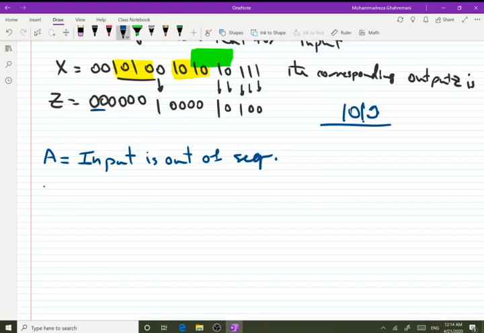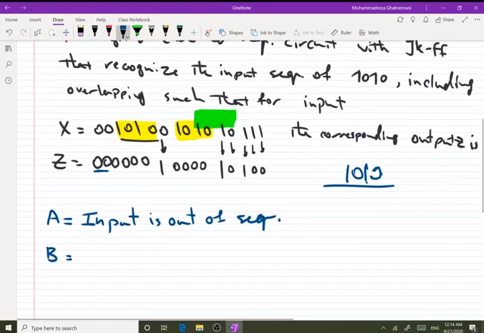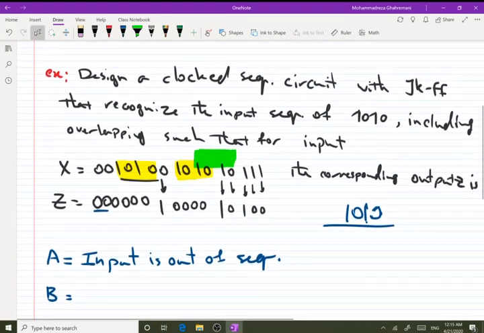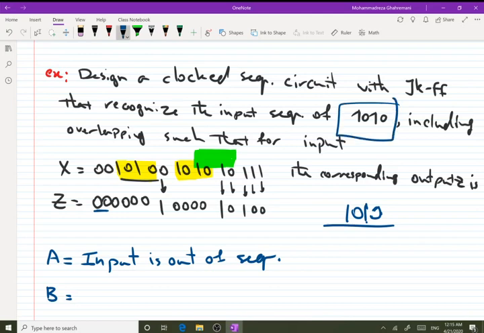The next state is state B. What is the first digit that will be recognized in recognizing this sequence? Of course, it is this one. This is the first digit which will be recognized.